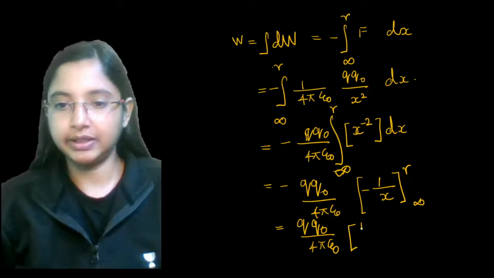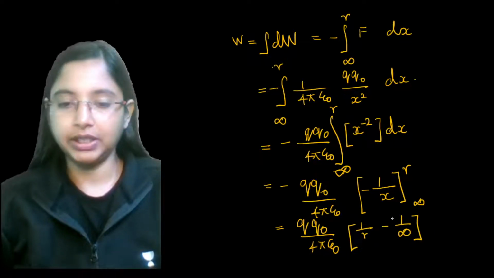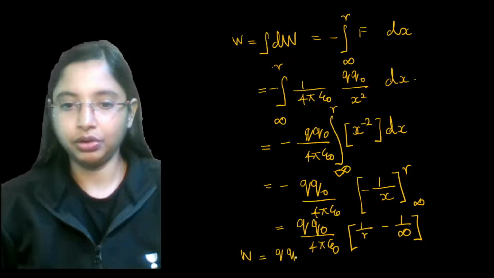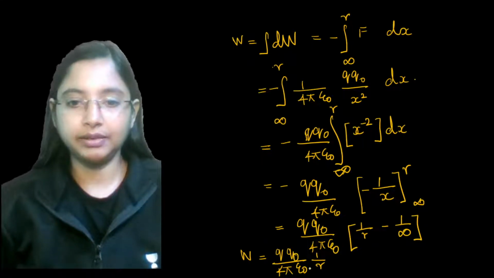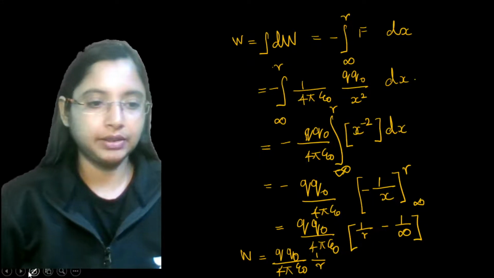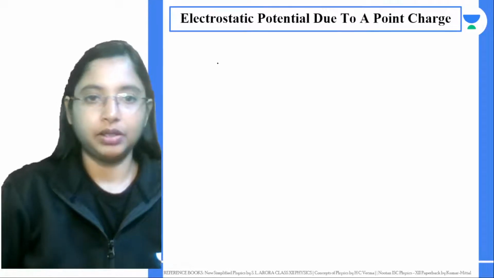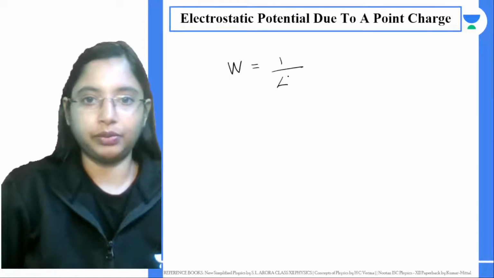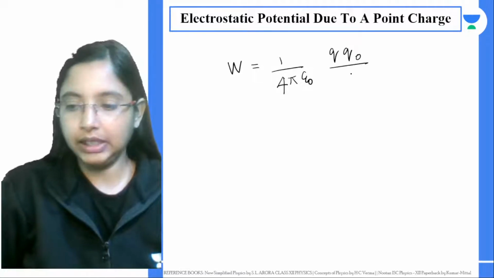You bring the limit inside, and this will be 1 by r minus 1 by infinity. 1 by infinity is 0, so the work done W is equal to q naught divided by 4 pi epsilon naught, 1 by r. So we have found out the work done.